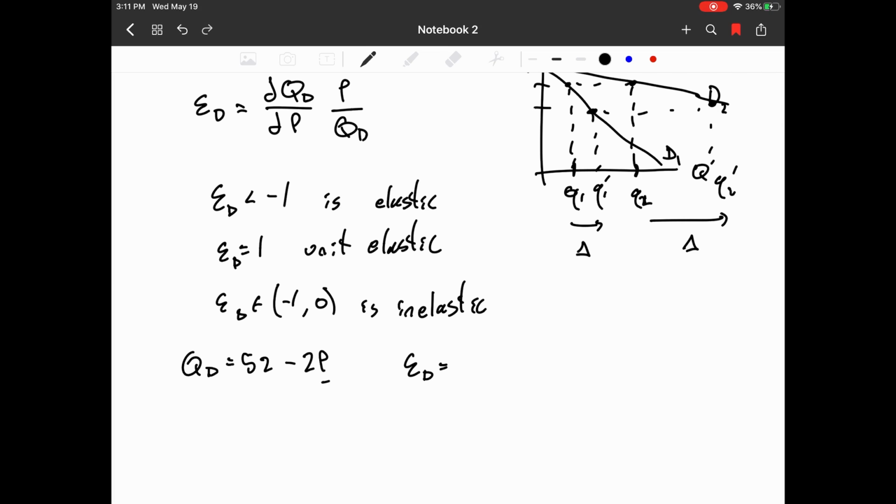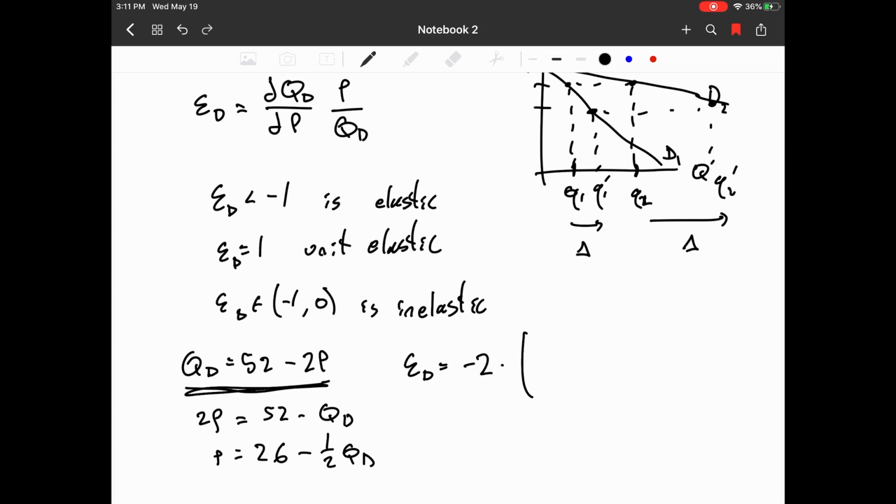That comes out to be -2. Then we're going to multiply this by where we are. We can rearrange this whole equation to give us price. So 2p is equal to 52 minus qd, and p is equal to 26 minus 1/2 qd.